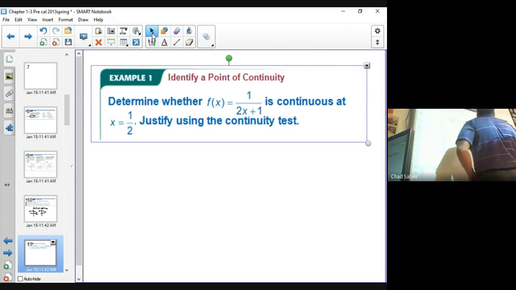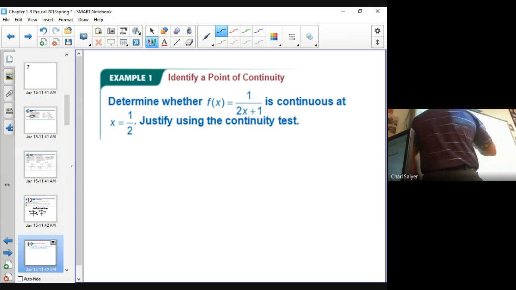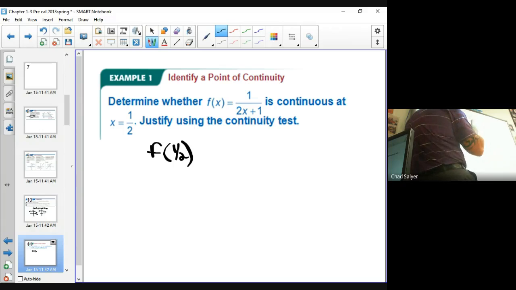Okay, so let's mess around with this a little bit. Determine whether this is continuous at x equals 1/2. The way we're going to do that is we're going to say, first of all, does f of 1/2 exist? That was the first part of the continuity test.